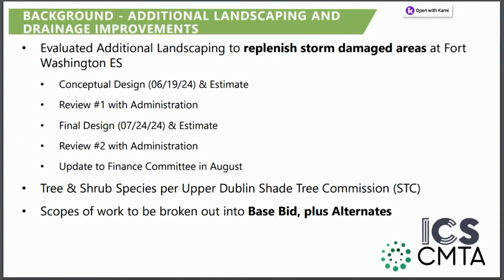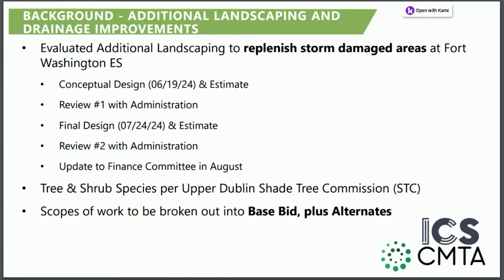Okay, so as you might remember, the landscaping plan was intentional to replenish the storm damaged areas. In June, we came to the district with conceptual plans. The district made recommendations to break it into add alternates and reduce some of that scope.